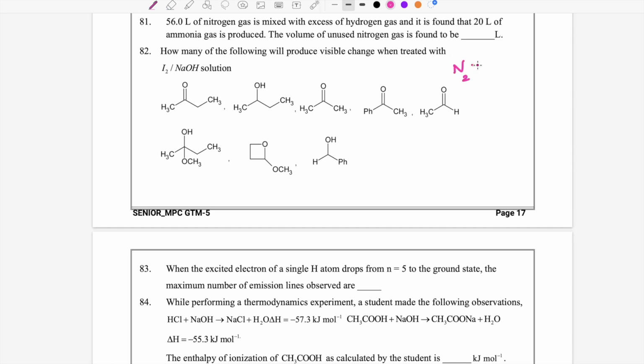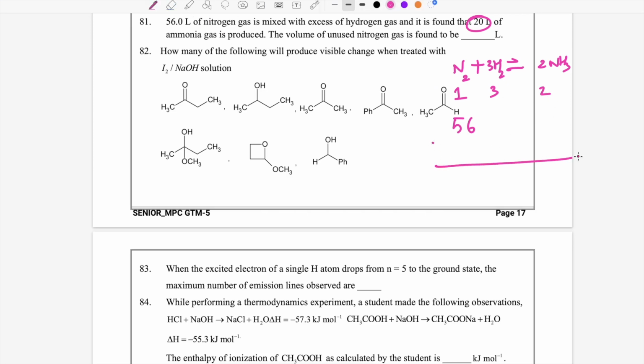N2 reacts with 3 moles of H2 and produces 2 moles of ammonia, so the ratio is 1:3:2. How much has he taken here? He has taken 56 liters. We don't know how much is required, but 20 liters is forming. So we'll do it like this.